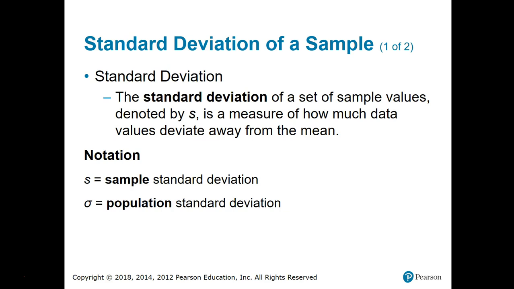So that will be the standard deviation of a set of sample values, s. For a population, it will be sigma. Now, remember I talked about sigma being that big M on its side looking thing? That was capital sigma. This is a small sigma, and it looks like an o with a little line going across it. So that is a sigma.